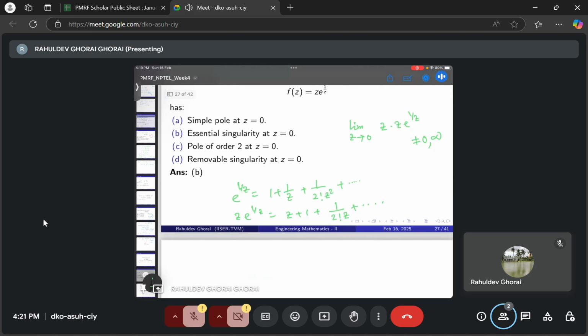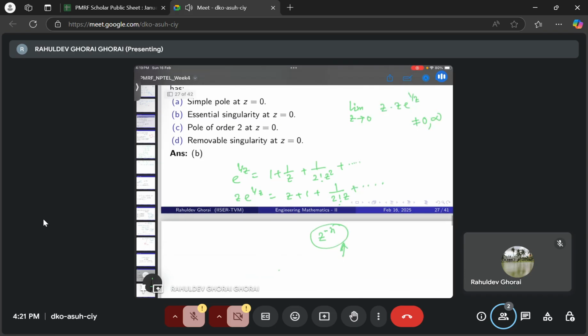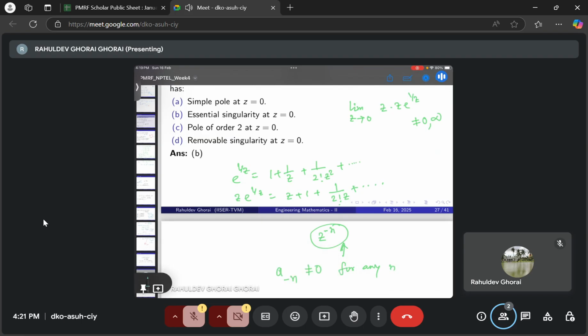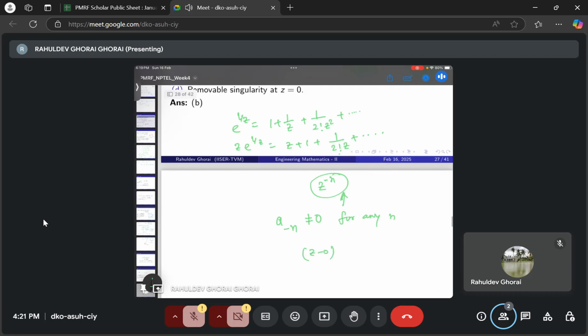So you have infinitely many z to the power minus n terms, so it is not stopping anywhere for any finite n. So a minus n is not equal to 0 for any n, around z minus 0 to the power n.